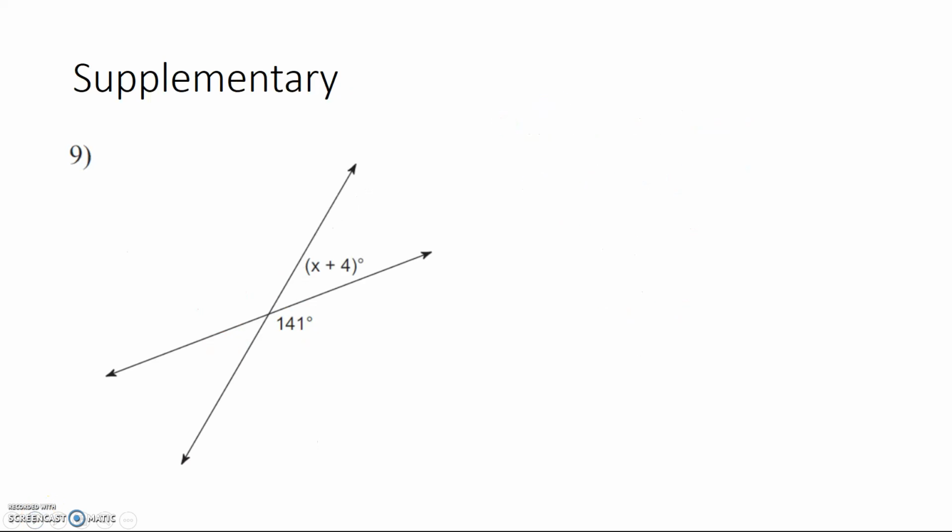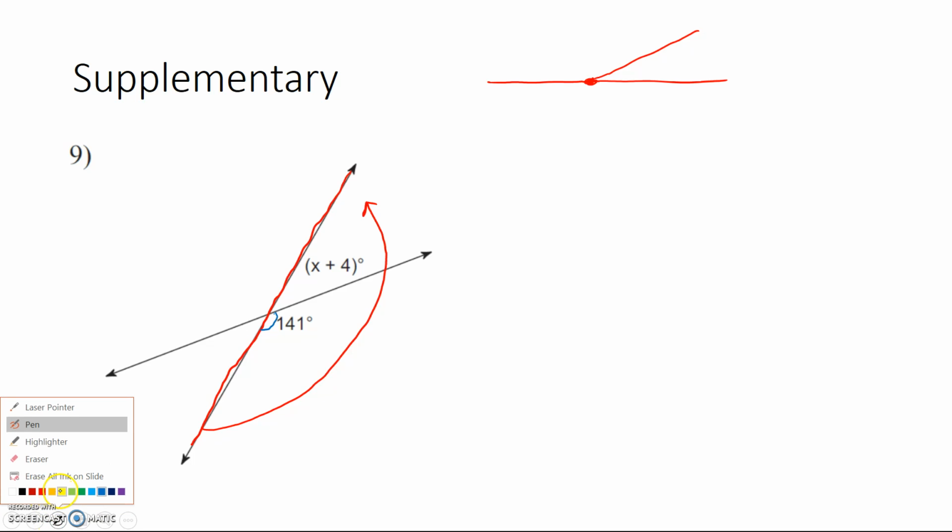For supplementary, remember, we're looking for that straight line cut with a little angle in between, and I can see that happening right here. Here's my 180, and this is opening up 180 degrees. That means the first angle plus the second angle, if I add both together, should give me 180 degrees.